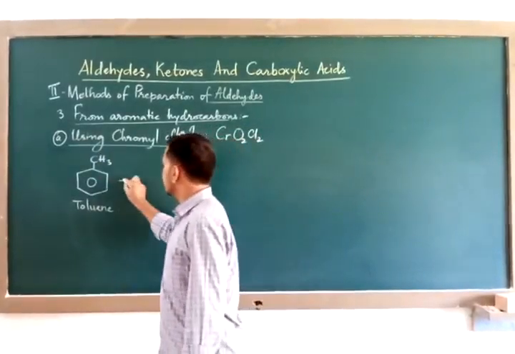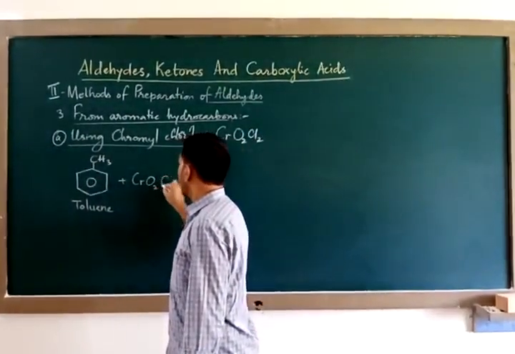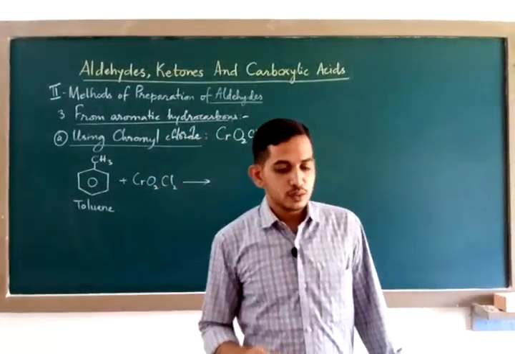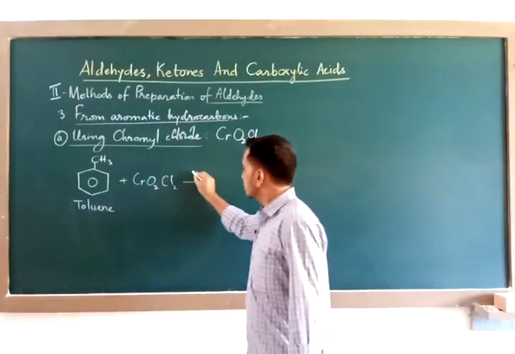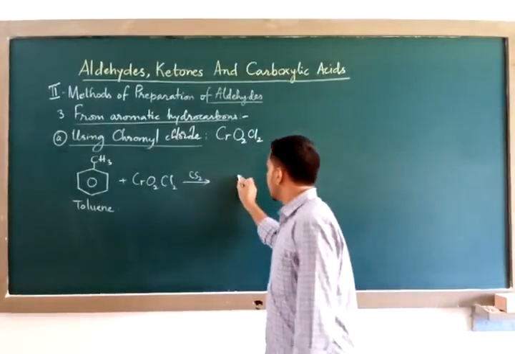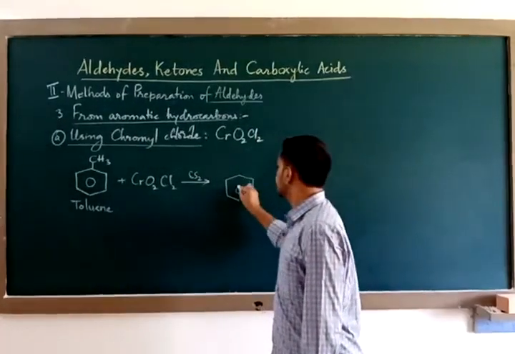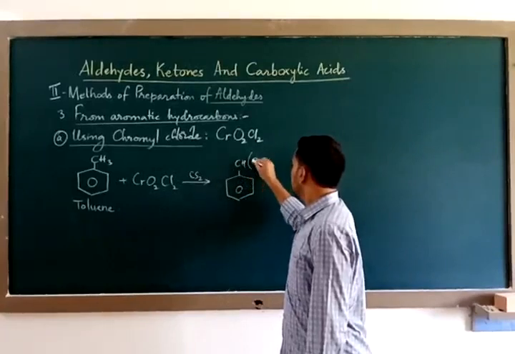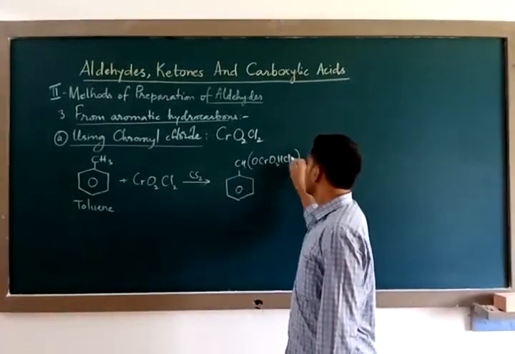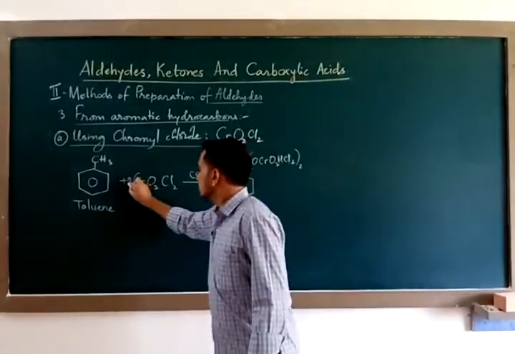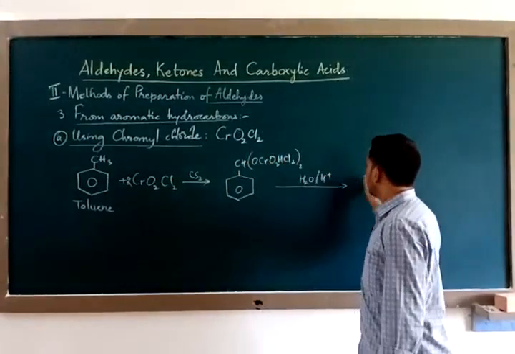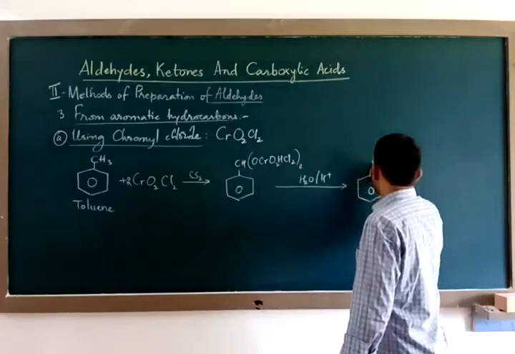So whenever toluene is reacted with chromyl chloride in the presence of carbon disulfide as medium, an inert solvent, then you will have this product, C6H5CH(OCrOHCl2) twice. Its hydrolysis in presence of water will give you benzaldehyde.